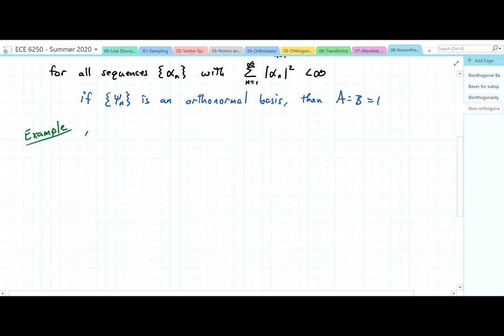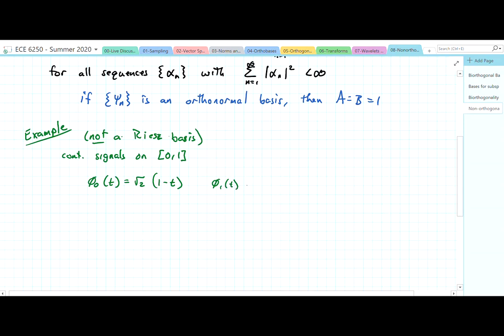So let's look at just a few examples and see how this plays out. An example that is not a Riesz basis is a set. Once again, we're looking at the continuous signals on 0, 1. And we define these signals.